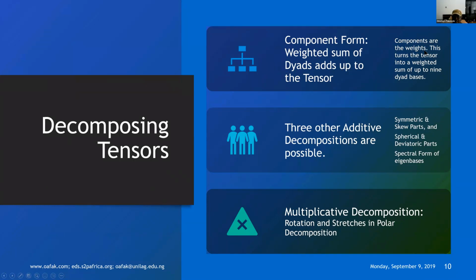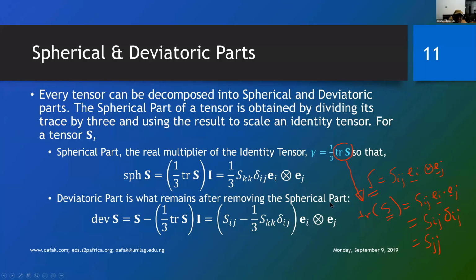Components are the weights. This turns the tensor into a weighted sum of up to 9 dyad bases. Three additive decompositions are possible: skew and symmetric parts, the spherical and deviatoric parts, and the spectral form of eigenbases. The multiplicative decomposition is the rotation and stretches in the polar decomposition. Those are the 5 different ways you can break a tensor into forms.